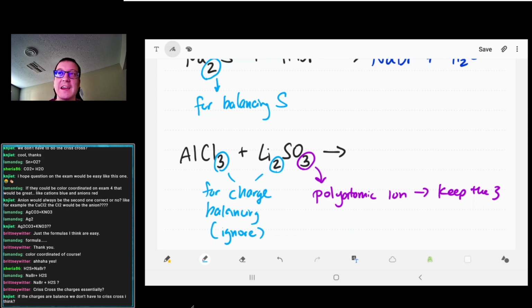There's no such thing as Li2 2+. Mercury will do that, yes, but not lithium. And again, we do not have Cl3 3-. That is not a polyatomic ion. So those 2 subscripts there, we're not going to bring over to the other side. I mean, we may have to once we charge balance, but don't think of them as being part of charge balancing for the other side.